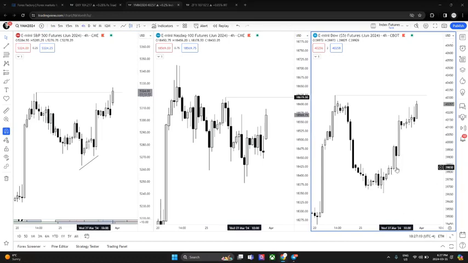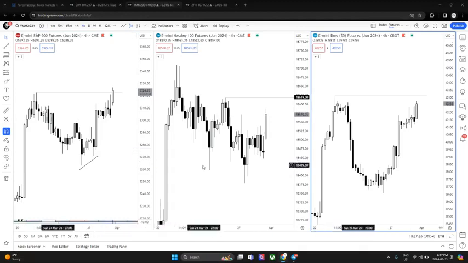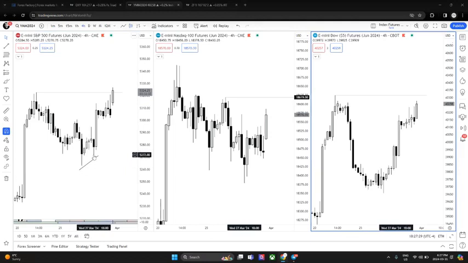But this is a failure swing and it expanded upwards. Price action is usually like this at the end of Q1, where you will have the low of the week being formed on different days. So here you had the low of the week on Tuesday, and then here you have it on Wednesday.